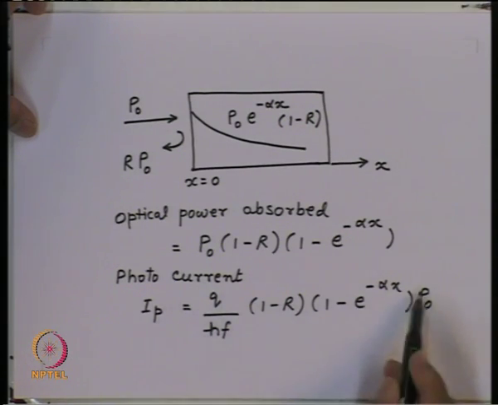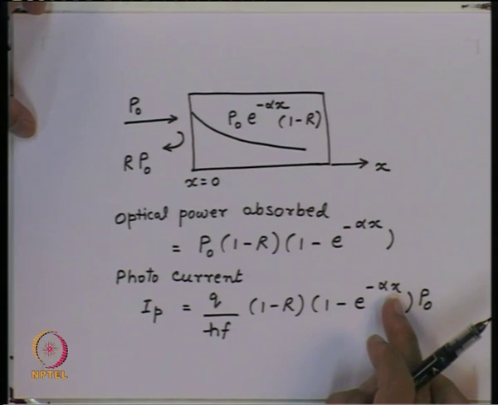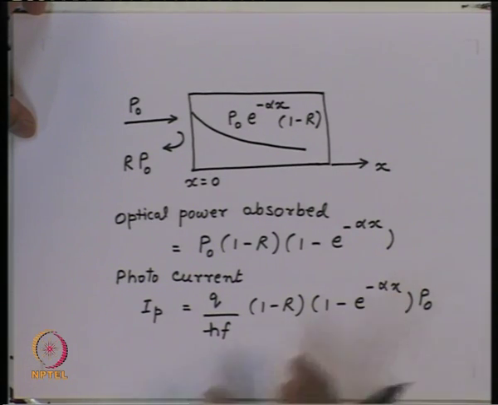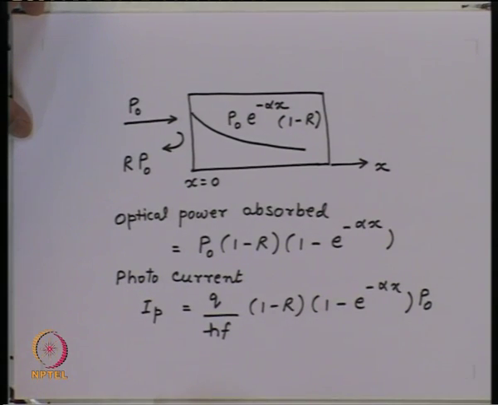So, for a given device, this quantity is constant. The size of the device, that means the x over which the absorption is taking place, is fixed. The reflection coefficient, which depends upon the refractive index of the material, is fixed. For a given wavelength, the frequency of light is fixed, so f is fixed. h is Planck's constant, which is a universal constant. q is the charge of the carrier, which is constant.